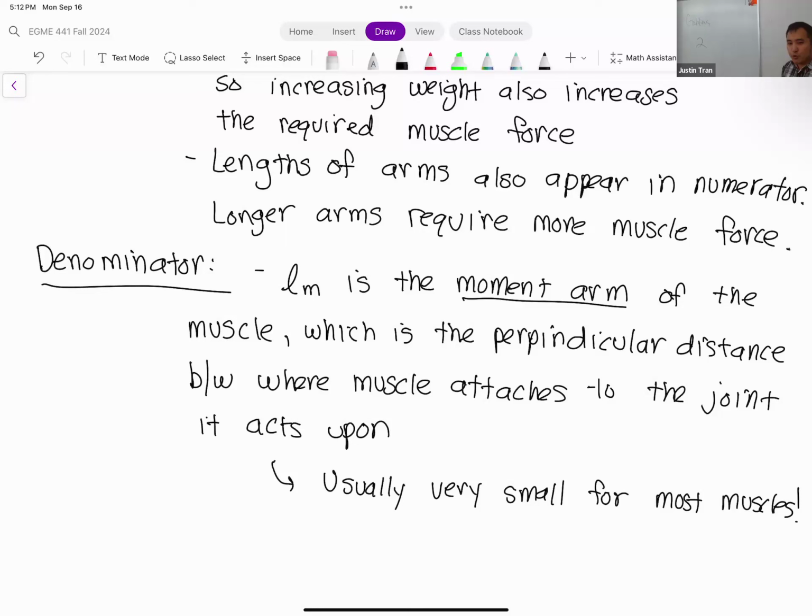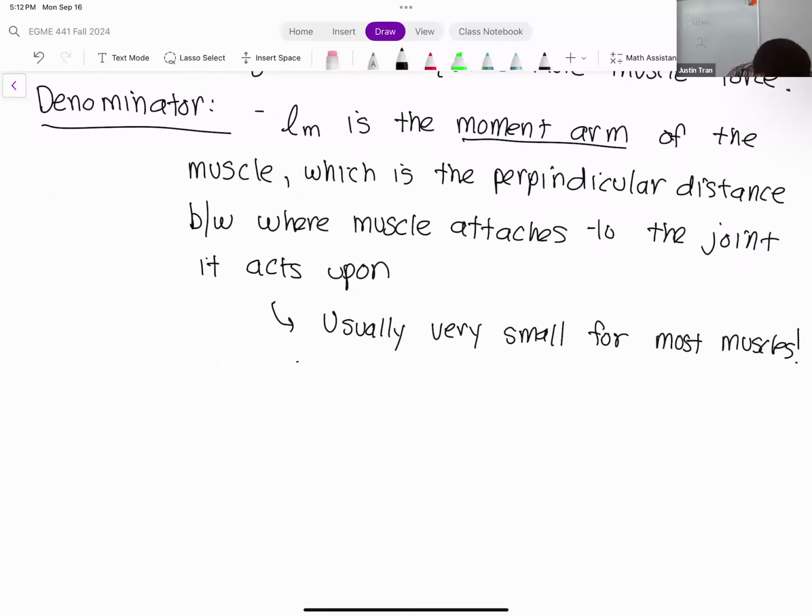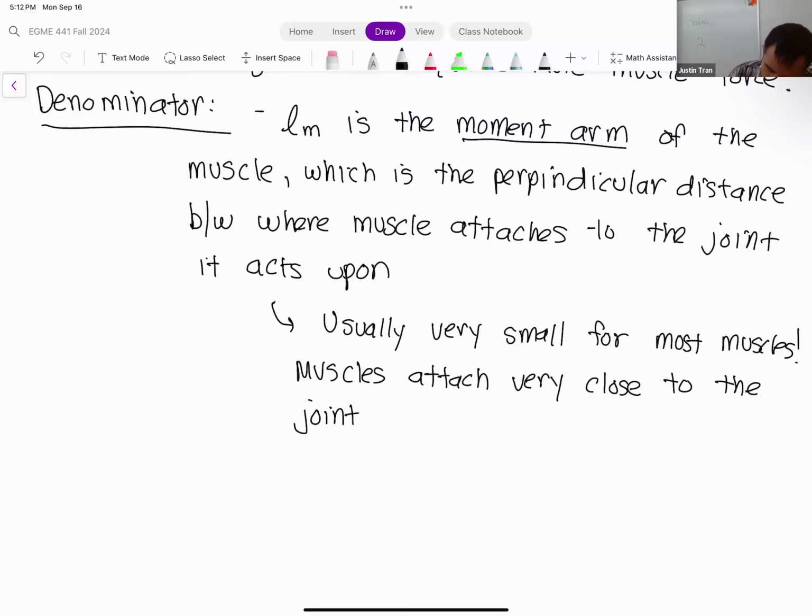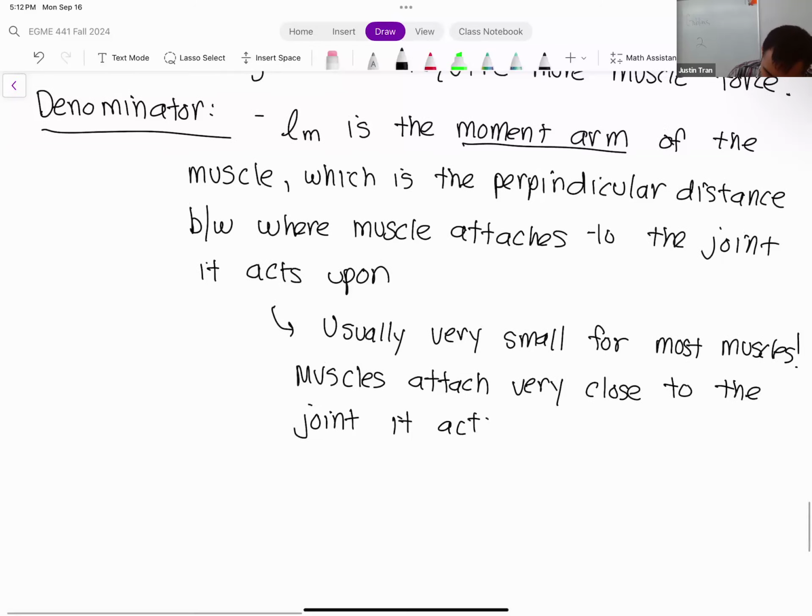And so generally your muscles are going to attach very close to the joint that they actuate on. Right?